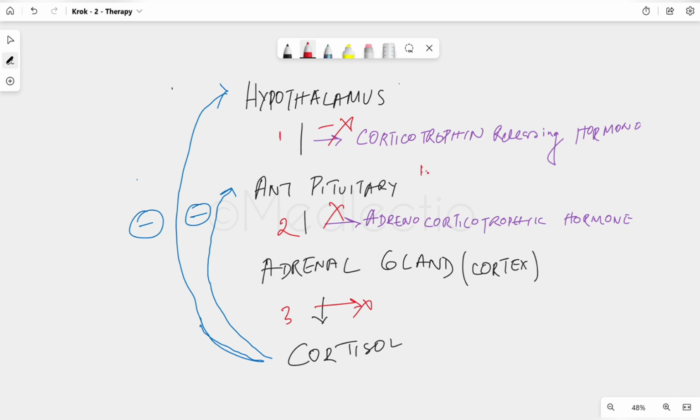If we get it at number 1 or number 2 level, it's secondary adrenal insufficiency, and if we get it at 3, it is primary adrenal insufficiency. So if the problem is above the adrenal cortex, it is secondary, and at the cortex, it is primary insufficiency.